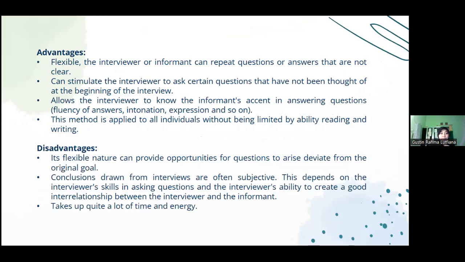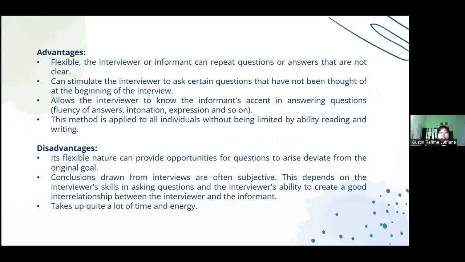And these are some advantages and disadvantages. The advantages: the first is flexible because the interviewer or informant can repeat questions or answers that are not clear. The second is it can stimulate the interviewer to ask certain questions that have not been thought of at the beginning of the interview.